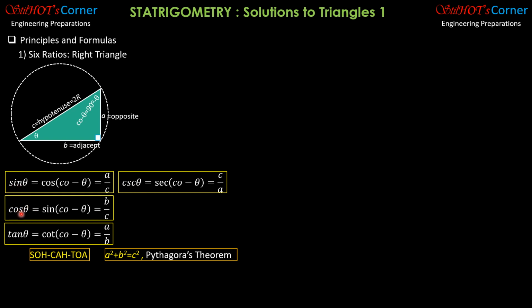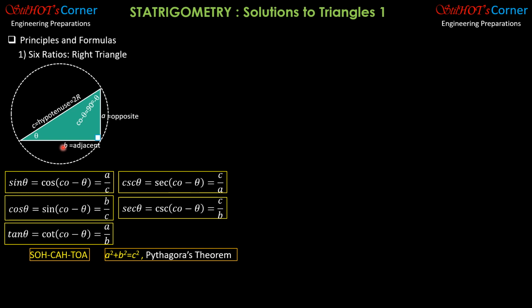The reciprocal of cosine theta is secant theta, and secant theta is also the cosecant of the complement of theta, and that is C over B. Finally, the reciprocal of tangent is cotangent theta.